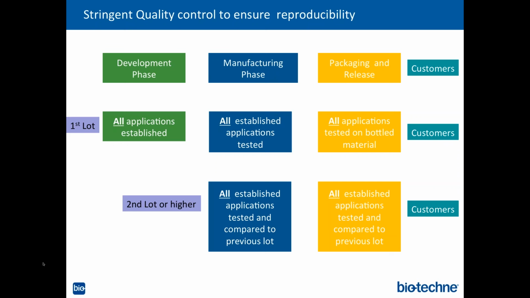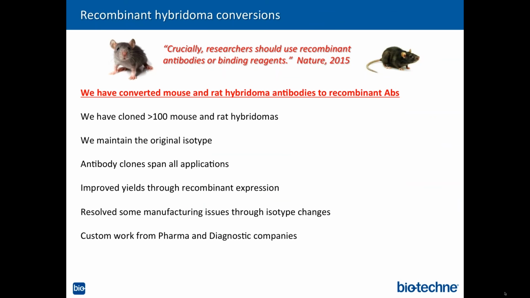All applications are again tested on that bulk lot compared to the previous lot, and the process repeats itself again on the bottled lot from that second bulk lot before it goes out to customers. So that's how we've built in the robustness of making sure that lot-to-lot variations are caught in-house and don't even make it outside.